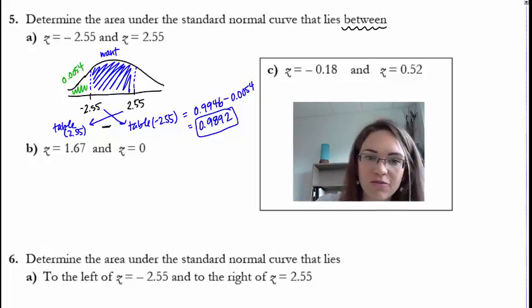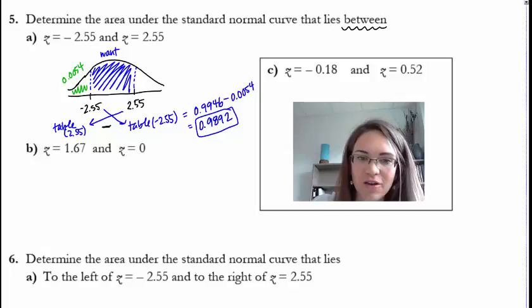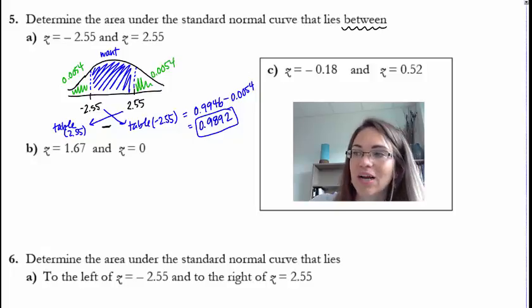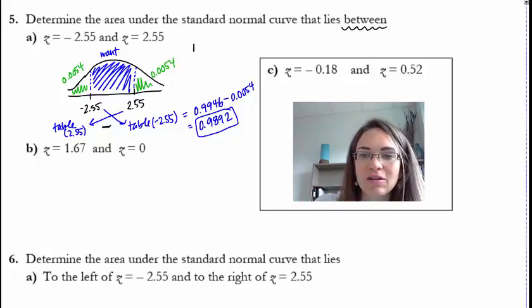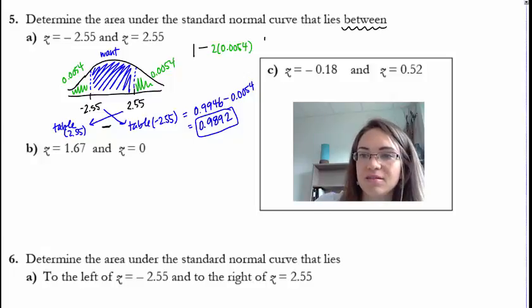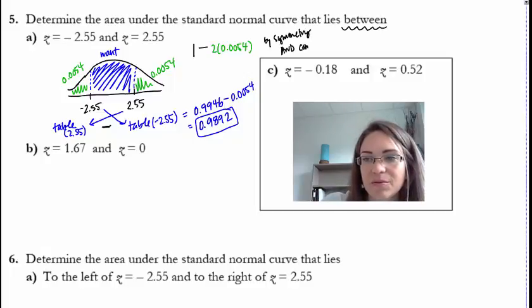So if left of negative 2.55 is 0.0054, and to the right of positive 2.55 is 0.0054, then the area in the middle is 1 minus these two tail areas. This is by symmetry and the complement rule.